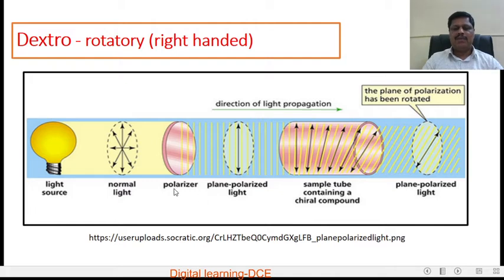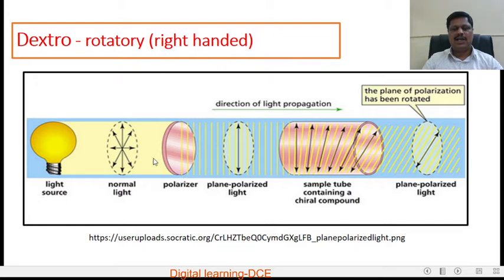So this diagram shows the dextrorotatory substance, how it rotates the plane of vibration in the clockwise direction or towards the right by looking against the direction of the propagation of the light. Again, this is the ordinary light source. It emits ordinary or unpolarized light having vibrations in all directions, which is passed through a polarizer.